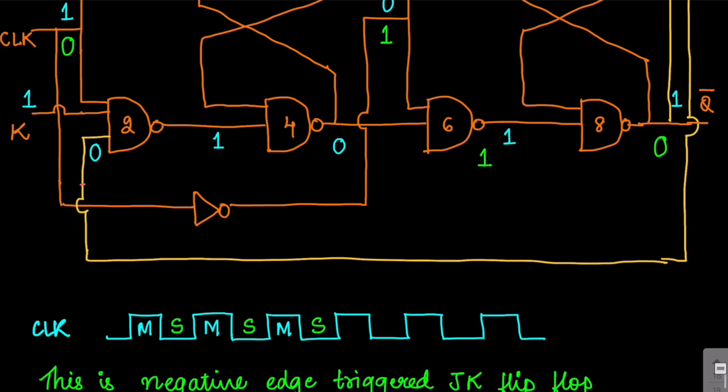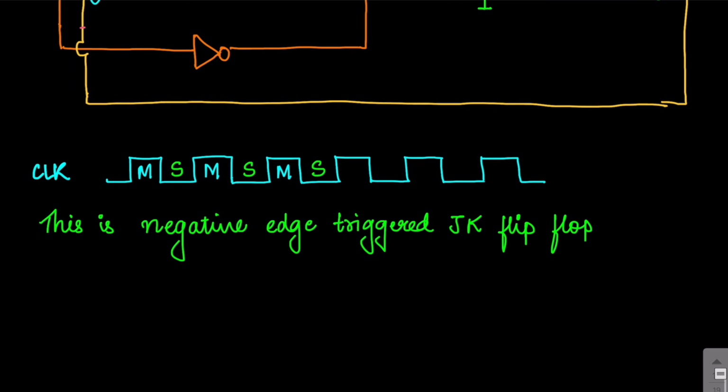To understand the working, we'll first draw the clock signal. Suppose this is the clock signal. In this case, the master is going to respond whenever the clock is high, and the slave will respond to the inverted clock. So when the original clock is 0, the slave is getting the inverted one. That is, when the original is 0, the clock for the slave is equal to 1.